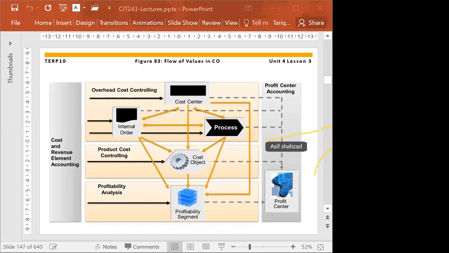That is also not good, because some products may cost more overhead than others. For example, we have two types of soaps. One is medicated soap and the other one is normal soap.